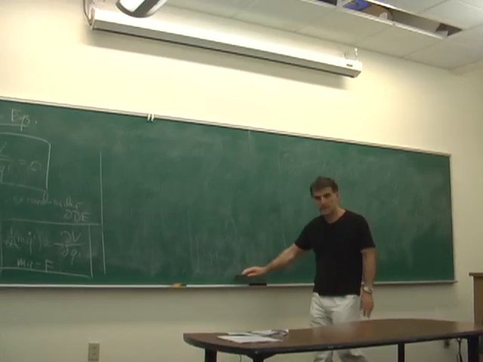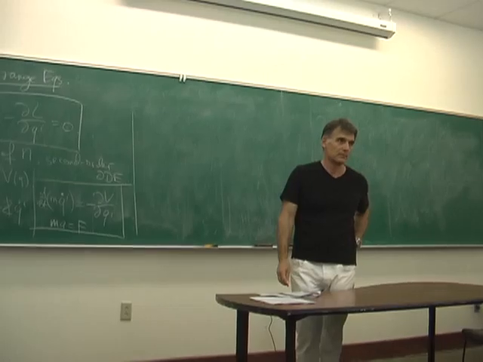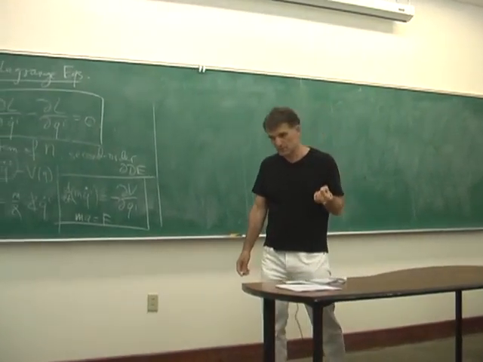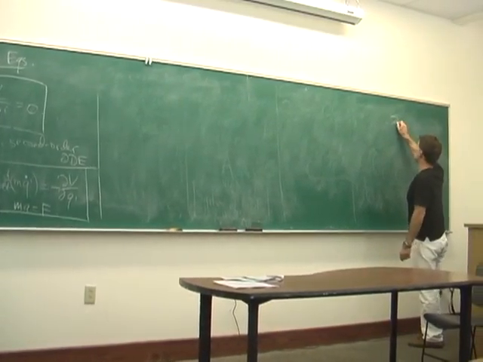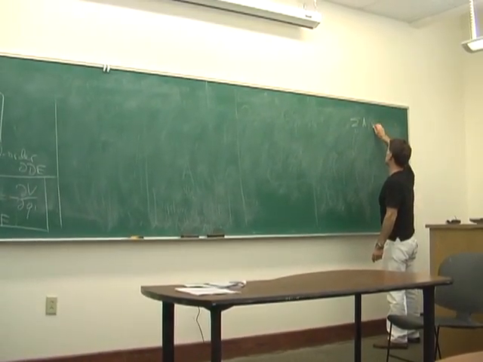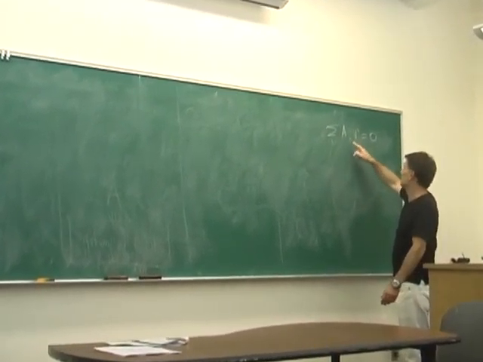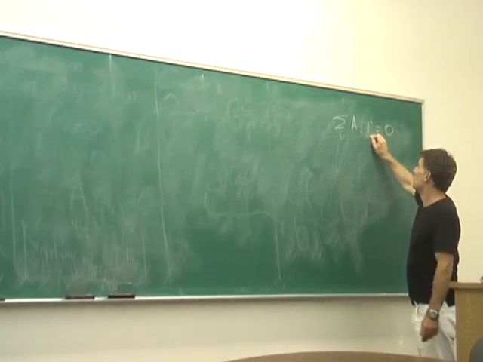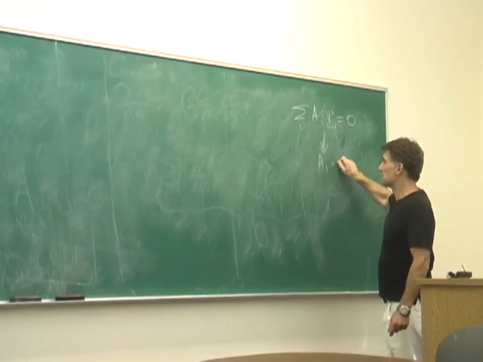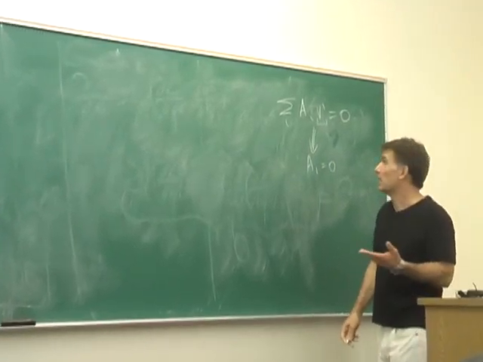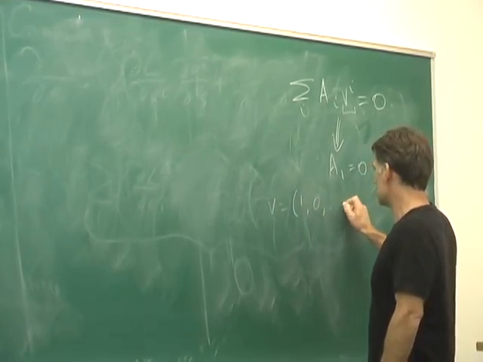You went from a sum over i, and then you broke that up into each one having to be 0? Yeah. What was the reason? Well, because, okay, look, if you have the sum over i of A_i B_i equal to 0, right? So there is a sum. Now, if you want this to be equal to 0 for arbitrary V, then that implies that A_i is equal to 0. Why? Well, you take V to be 1, 0, 0, 0.